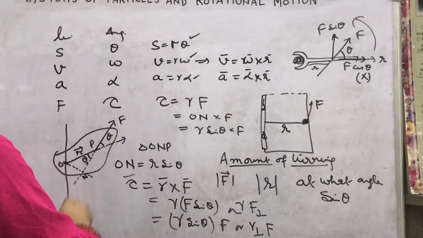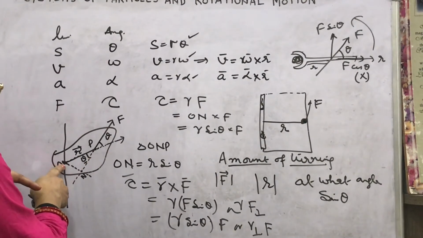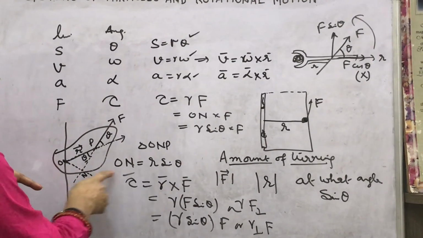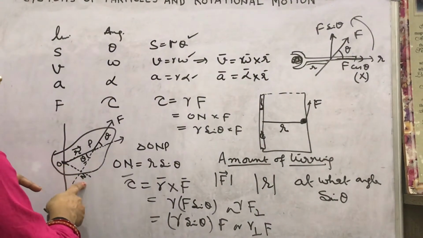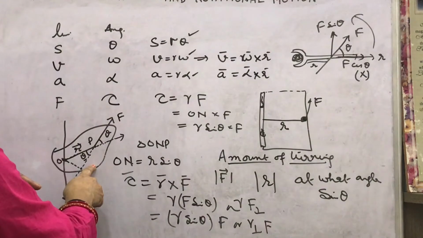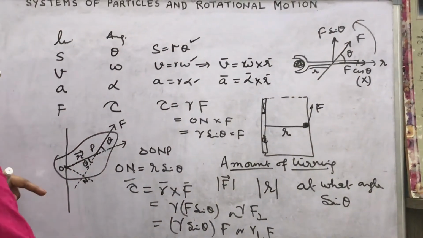If you see the object, suppose at the point P here, I have shown here this ON. What is ON? R sin theta. So what will be the torque? This ON into the force applied. And how will you determine the direction of torque?